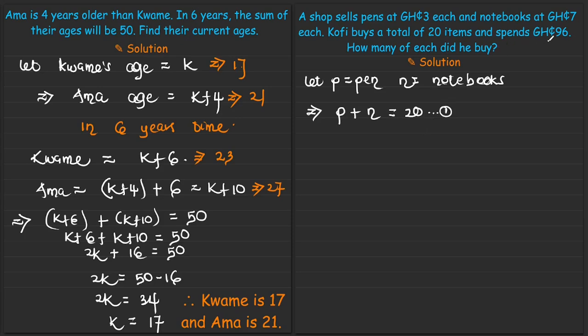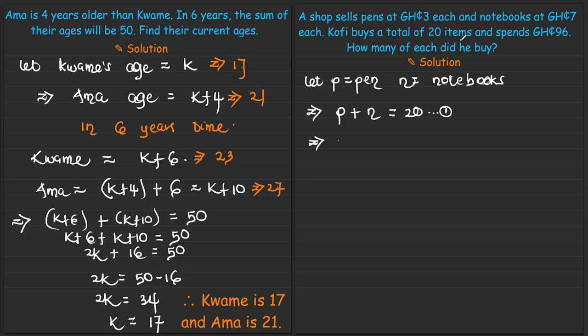Now, if we look at the second condition, it says he spends 96 cedis. So spending 96 cedis for P pens and N notebooks, it simply means that we would have to consider how much a pen costs and how much a notebook costs. We know each pen costs 3 cedis.